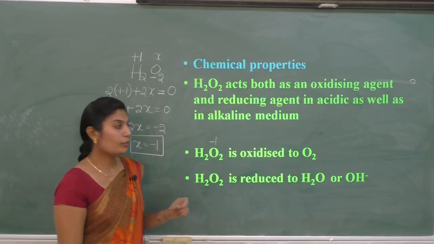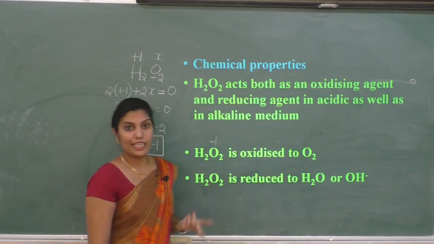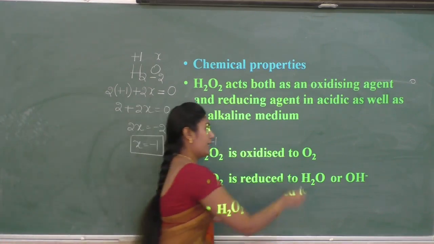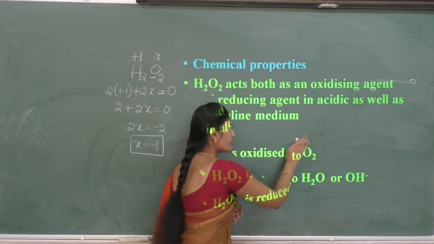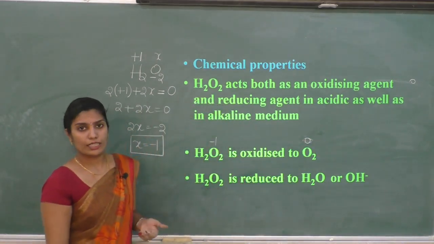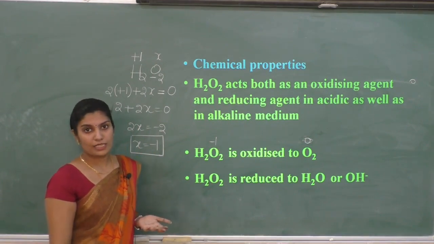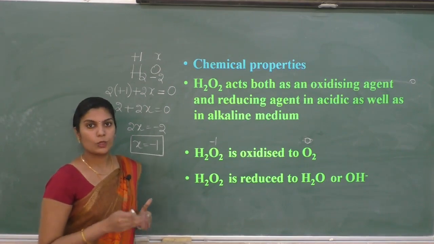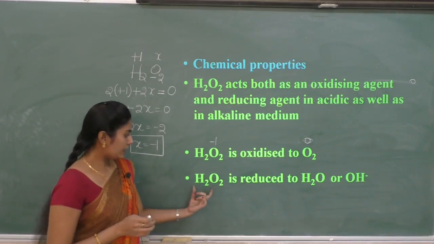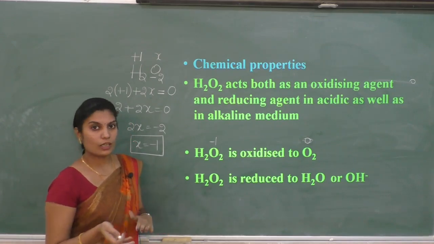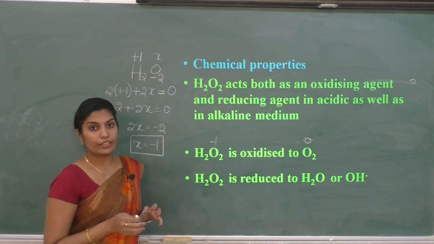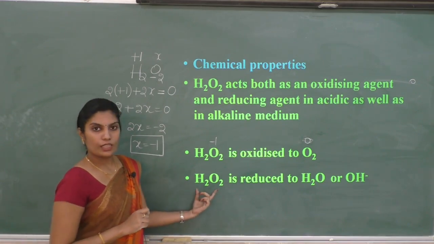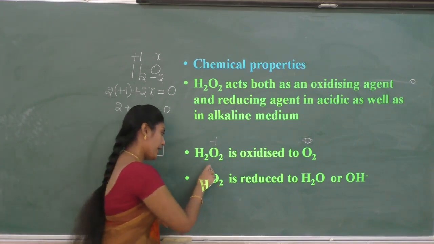Oxygen in the elemental form will exist as O2. Any element in its elemental form, its oxidation state will be 0. It may be O2 or Cl2 or H2. When it exists in the elemental form, what will its oxidation state be? Always it will be equal to 0. Remember the point. Clear? When existing in the combined form, the oxidation state will change. In the free form, in the elemental form, its oxidation state will be 0. Here already you know that the oxidation state of oxygen in H2O2 is -1.